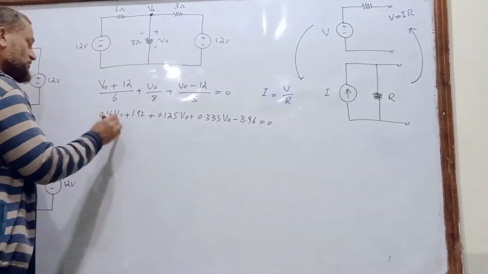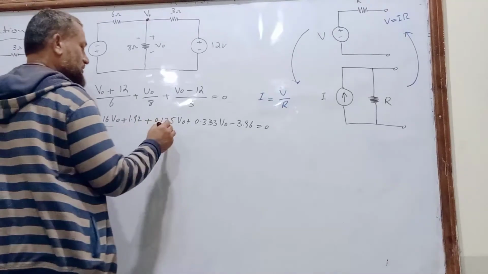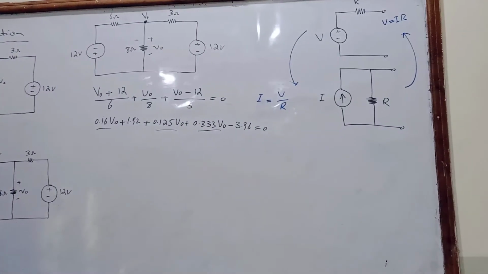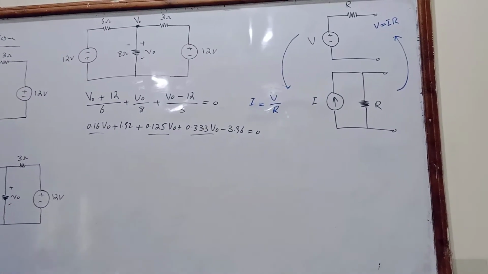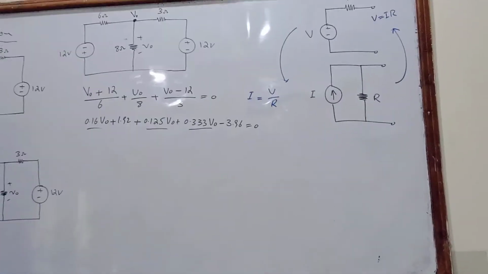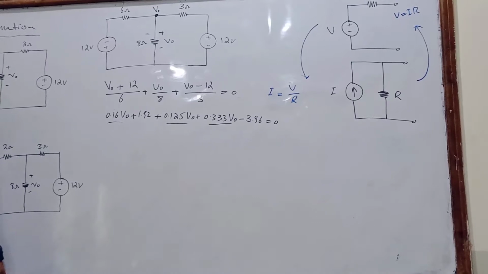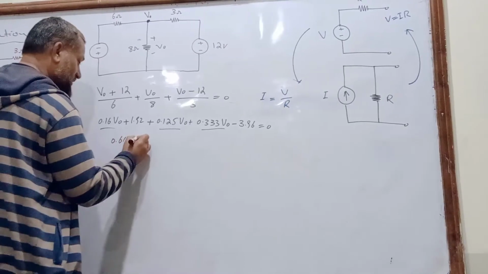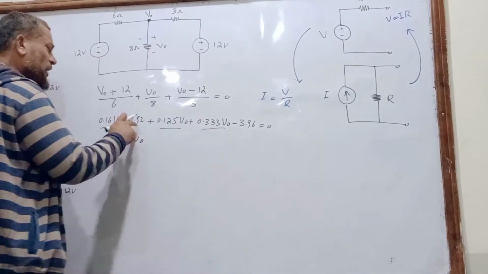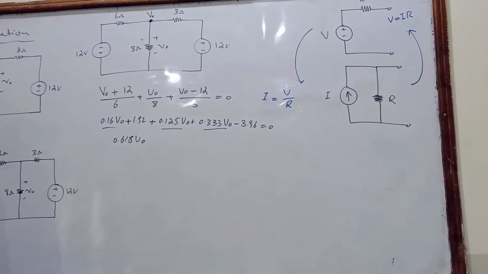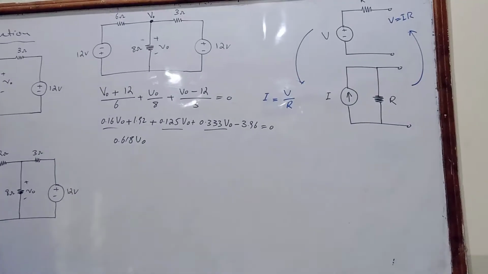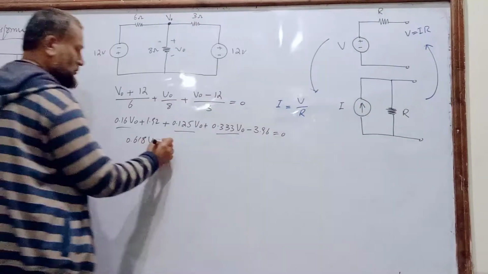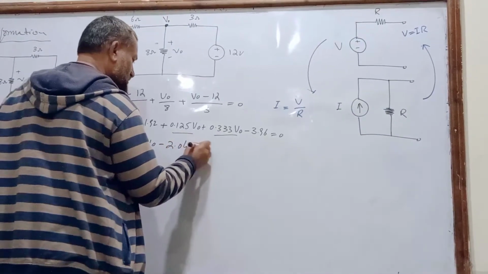So how much is this one? 0.16 plus 0.125 plus 0.333 is 0.618. So 0.618 V naught and 1.92 minus 3.96, minus 2.04, is equal to 0.